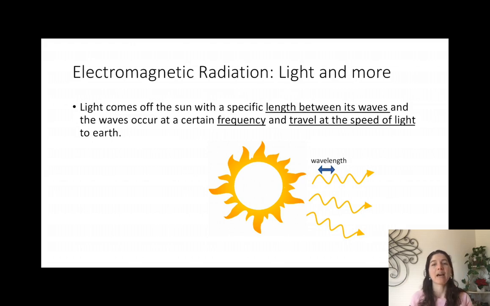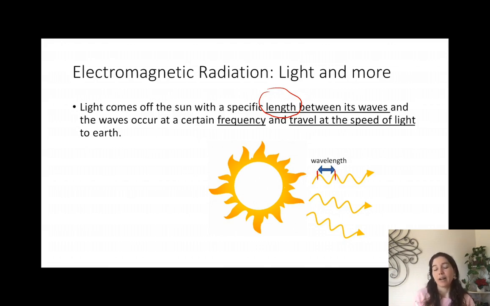So let's take a look at the more basic principles of electromagnetic radiation, what it is, and how it's composed. Think about light coming off the sun. The light that comes off the sun is electromagnetic radiation. It's a form of it. Each light wave that comes off of a source has a specific length between its waves. This is what we call a wavelength. If we think of the light coming off the sun as a wave, we see the distance between the peaks is our wavelength.